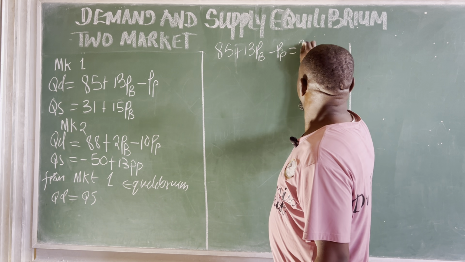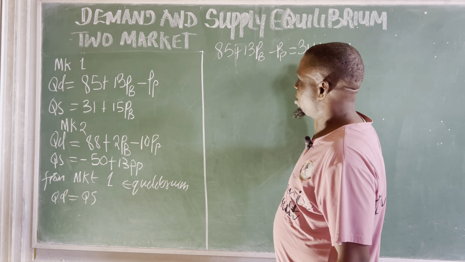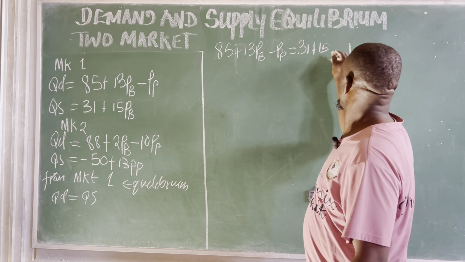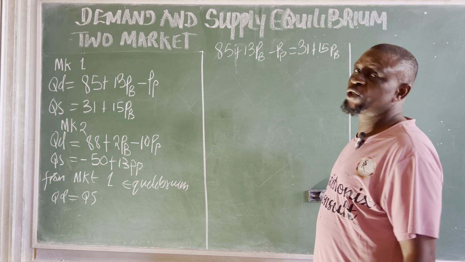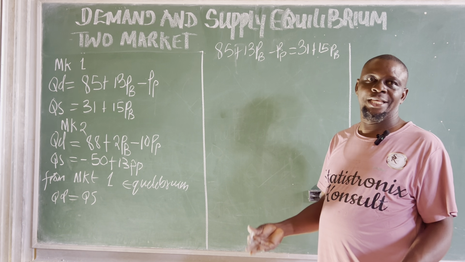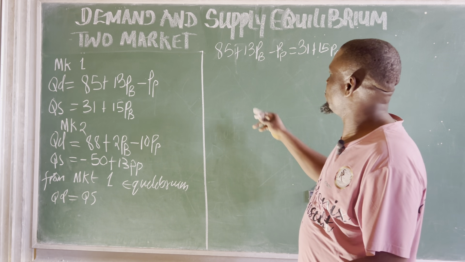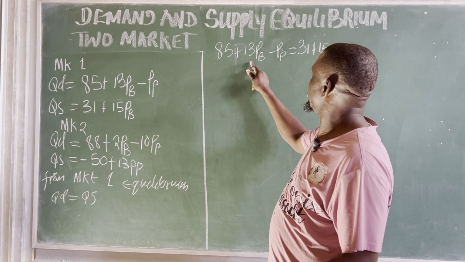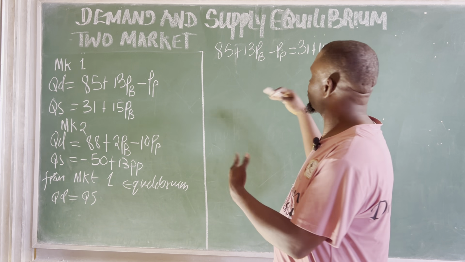We have 31 plus 15 PB. Okay, so all we need to do now is to collect like terms. We are arranging this equation by collecting like terms. The first one, we'll make the unknowns on the left and then take the known to the right.